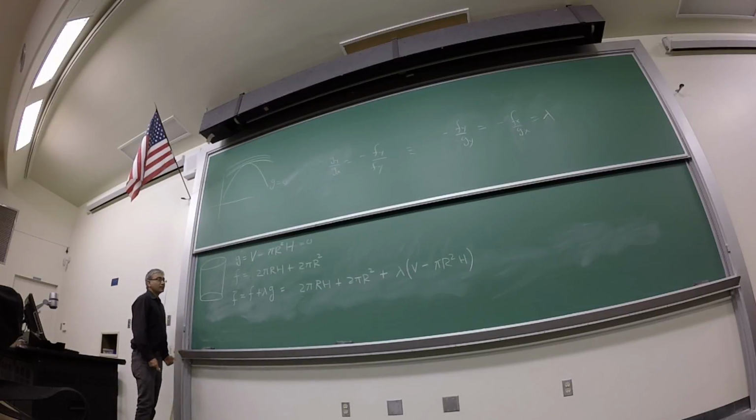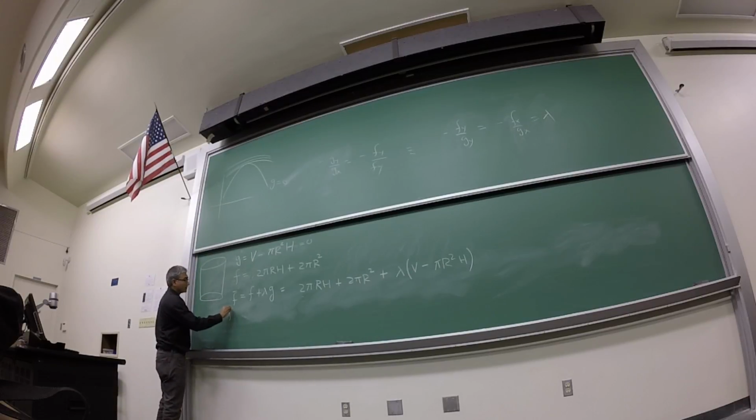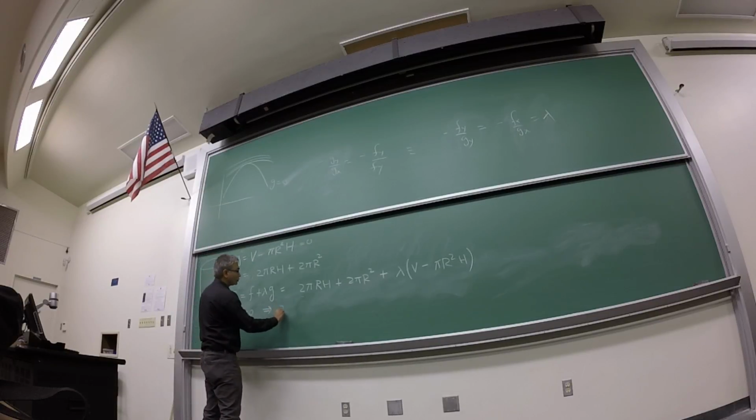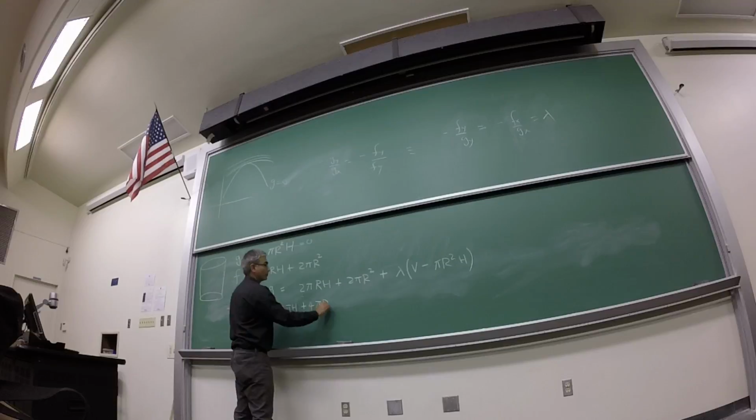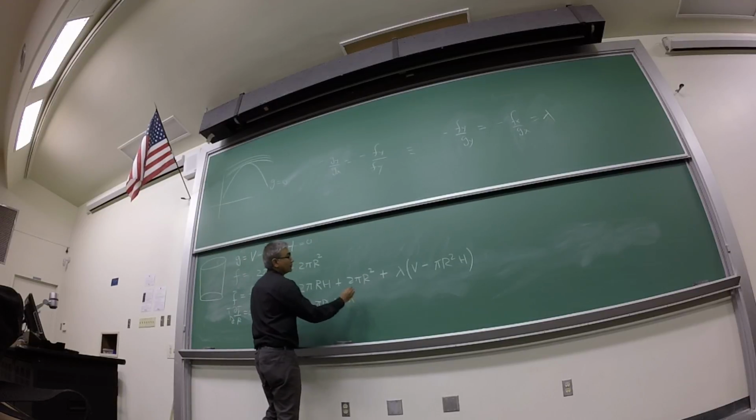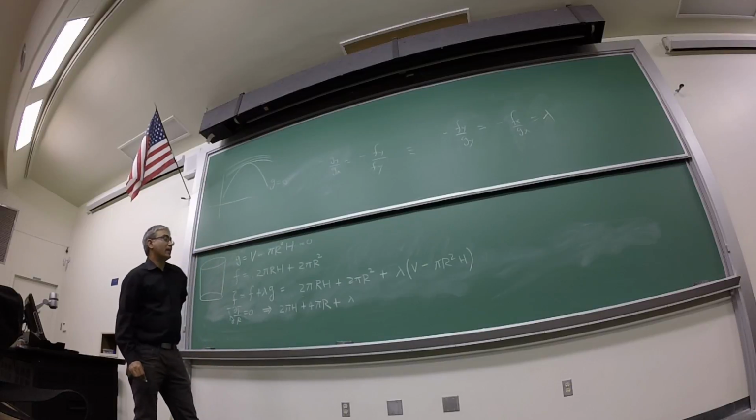Alright, so now we do the standard approach. We say del f bar, del r equals to 0. So that will give you an equation 2 pi h plus 4 pi r plus lambda times, what's the derivative of that?